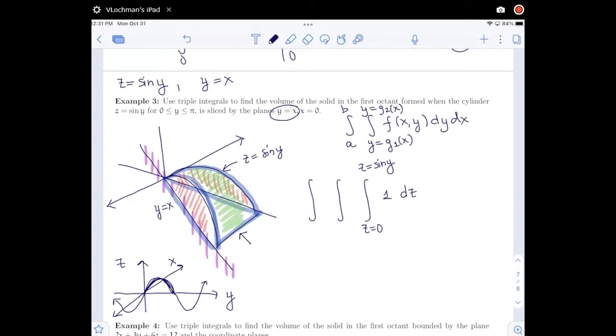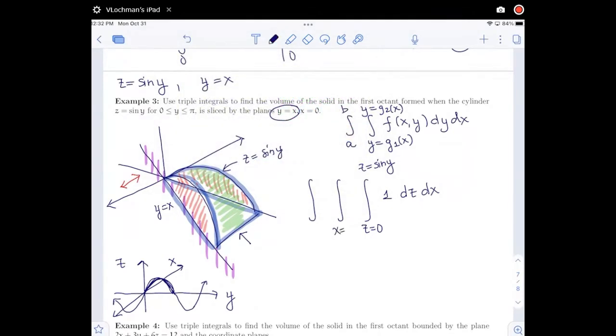Then you can decide which direction should we go second. I chose to go in the x direction. We're going to set up both of these integrals in the x and the y. If I go in the x direction second, let me indicate what that direction is. This is the direction. So now I go from curve to curve.